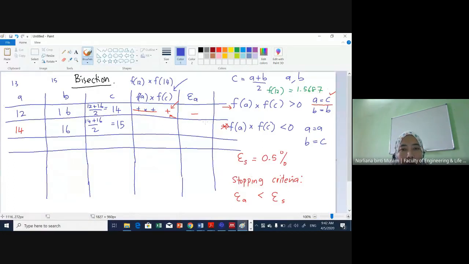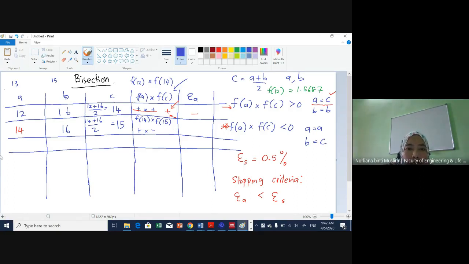Then find out F14 times F15. We have positive times negative.